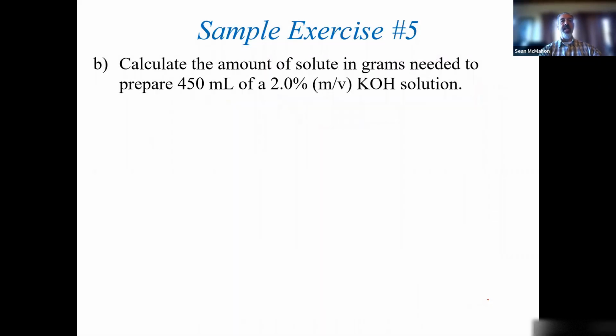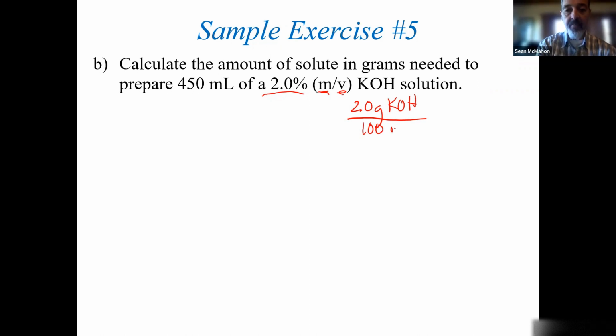What about, can I calculate the amount of solute in grams needed to prepare 450 mL of a 2% mass to volume potassium hydroxide solution? What is a 2%? Part over whole. Well, what's the part? The solute's mass. So there's 2 grams of potassium hydroxide per, it's a percent, 100, what's the unit?